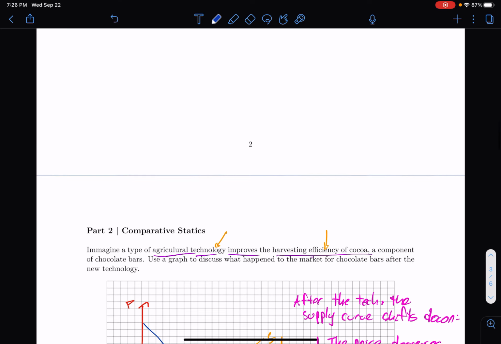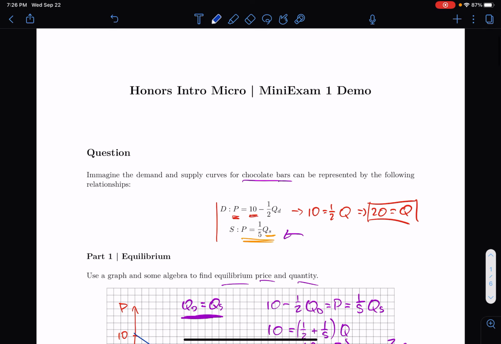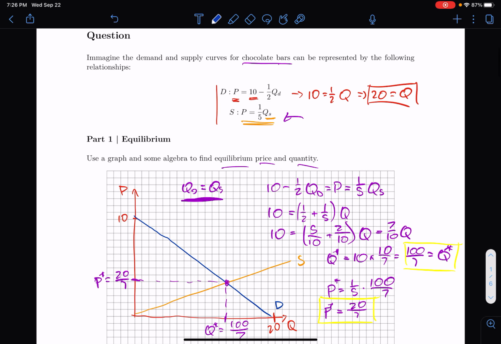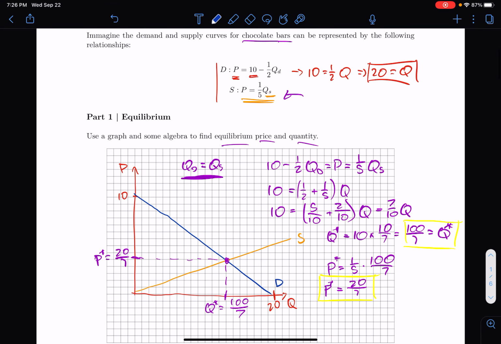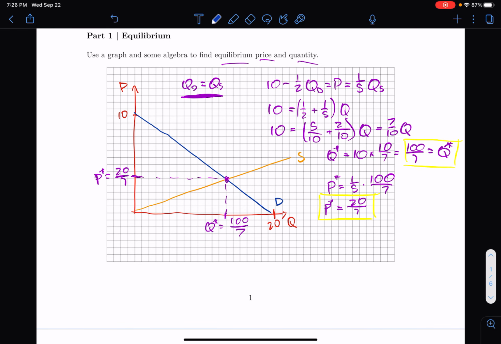This is maybe a little bit longer than the mini exam you'll see tomorrow. I mean, this took me somewhere around 15 to 25 minutes. So this is on the longer side.